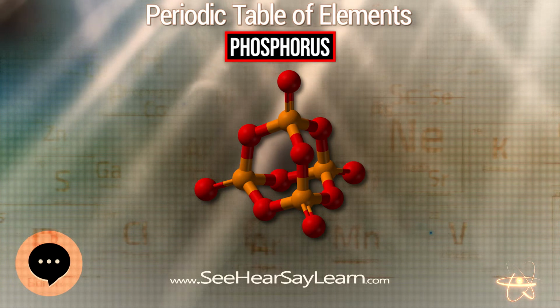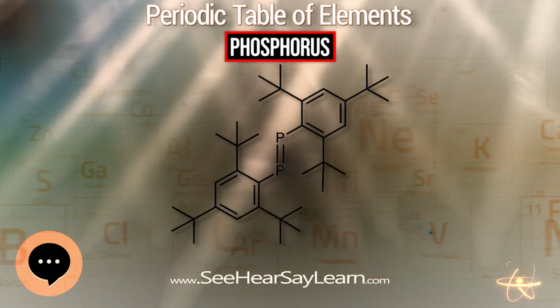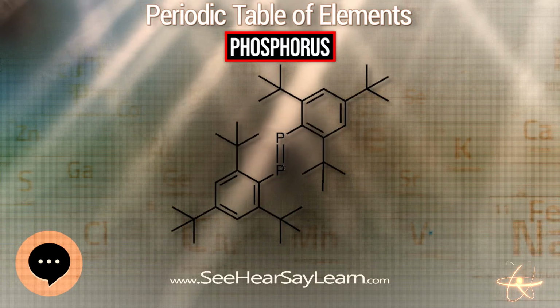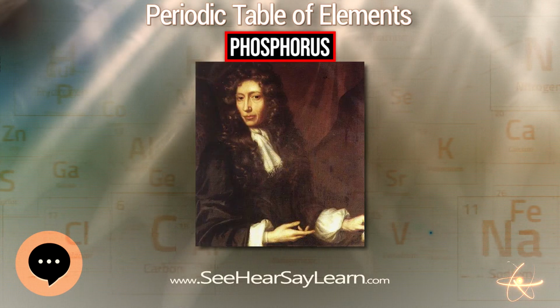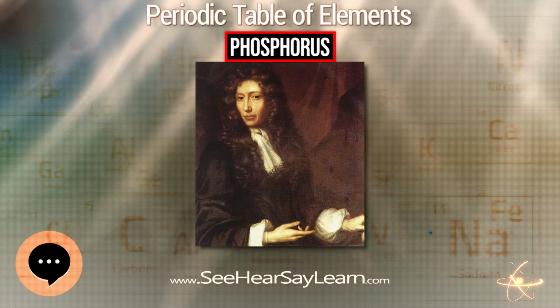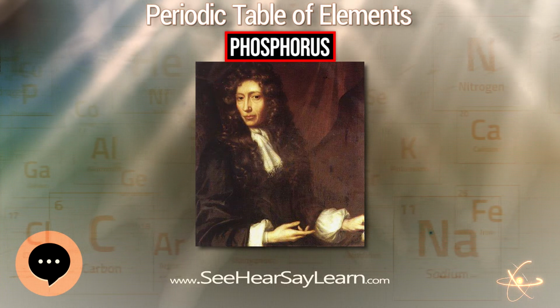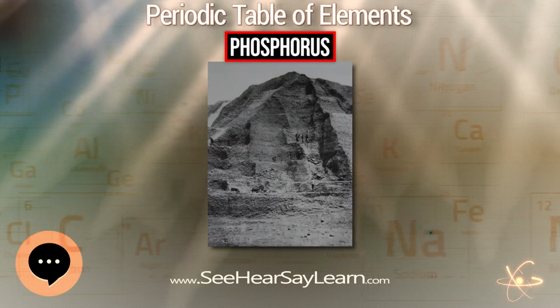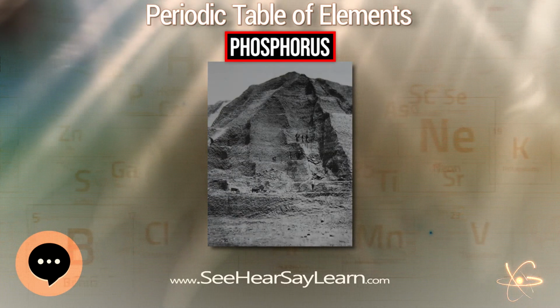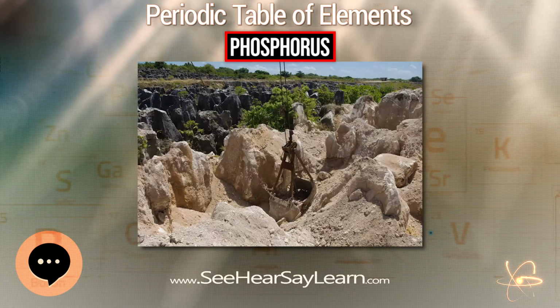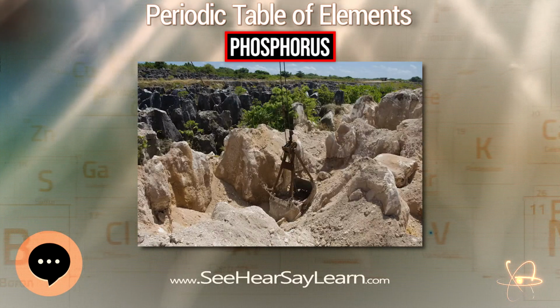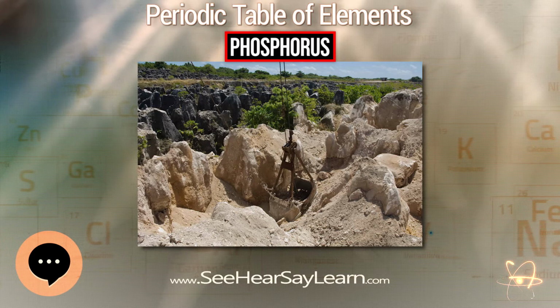Only 31P is stable and is therefore present at 100% abundance. The half-integer nuclear spin and high abundance of 31P make phosphorus-31 NMR spectroscopy a very useful analytical tool in studies of phosphorus-containing samples.